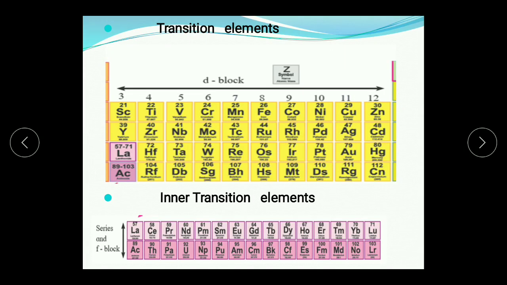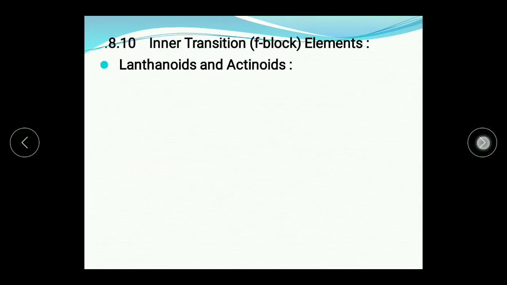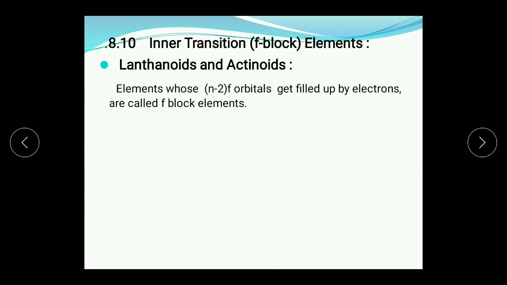So, in all, there are 28 elements, 14 in each row. The upper series is known as lanthanoids and the lower one is actinoids. We were introduced to these elements in the previous session. Now we will learn about the properties of these inner transition elements, that is lanthanoids and actinoids.